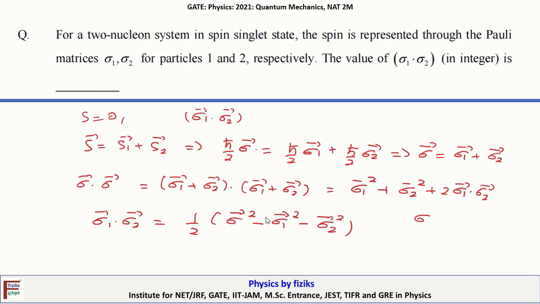Now, sigma for the singlet state is 0 as S is 0, which implies sigma equals 0. Sigma 1 square would be 3 and sigma 2 square would be equal to 3. So our result would be 1/2 times (0 minus 3 minus 3), which is equal to minus 3.